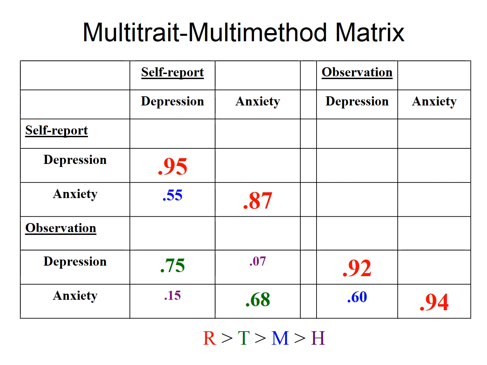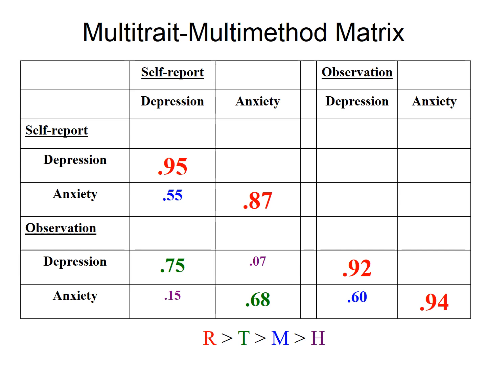We talked about the multi-trait, multi-method matrix, and the idea behind this is to combine all these concepts to do a concurrent and convergent validity study and a little bit of discriminant validity study at the same time. We're giving participants multiple tests of two different constructs using multiple methods.